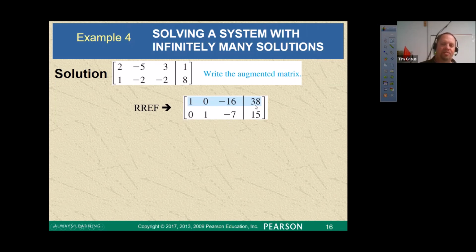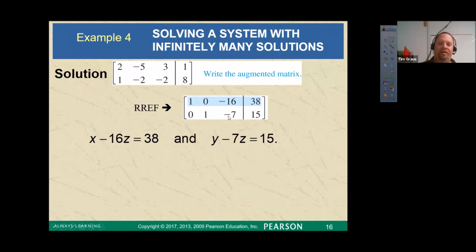The solutions are not 38 and 15 because this top row does not represent x equals 38. It actually represents x minus 16z equals 38. And the second row actually represents y minus 7z equals 15.